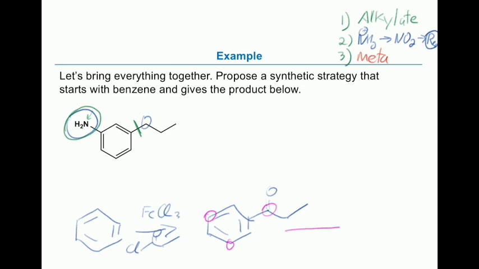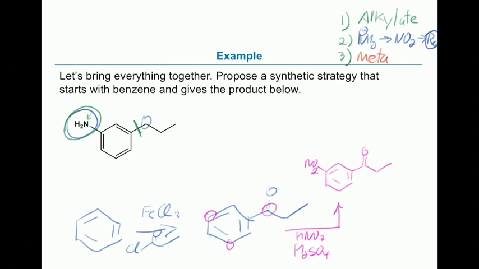So that's good. Now we've got that first piece in place. Now I can go through and nitrate it, like this. We have my nitro group installed, so this would be my HNO3 and sulfuric acid. Now we've got the right position and reactivity matches. So now we just have to reduce it.